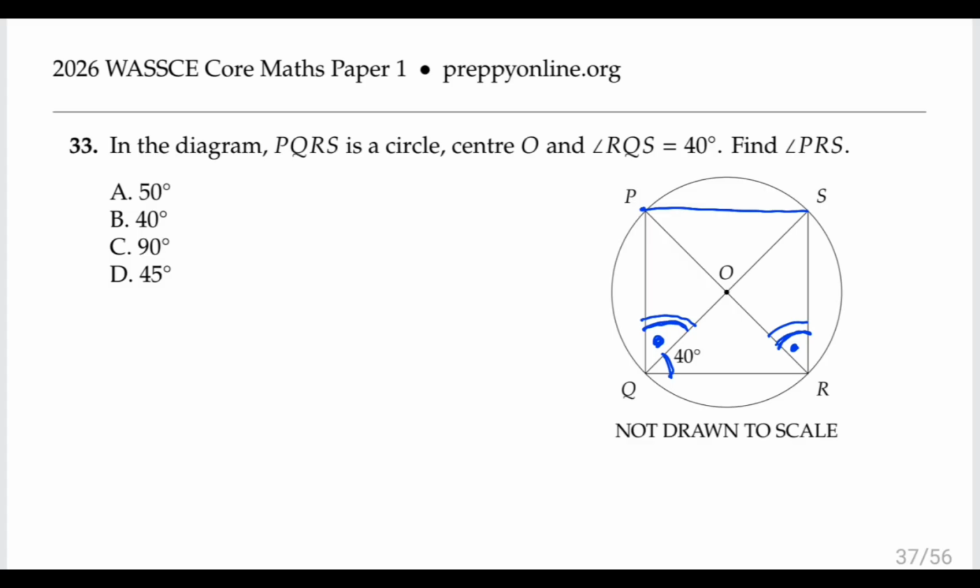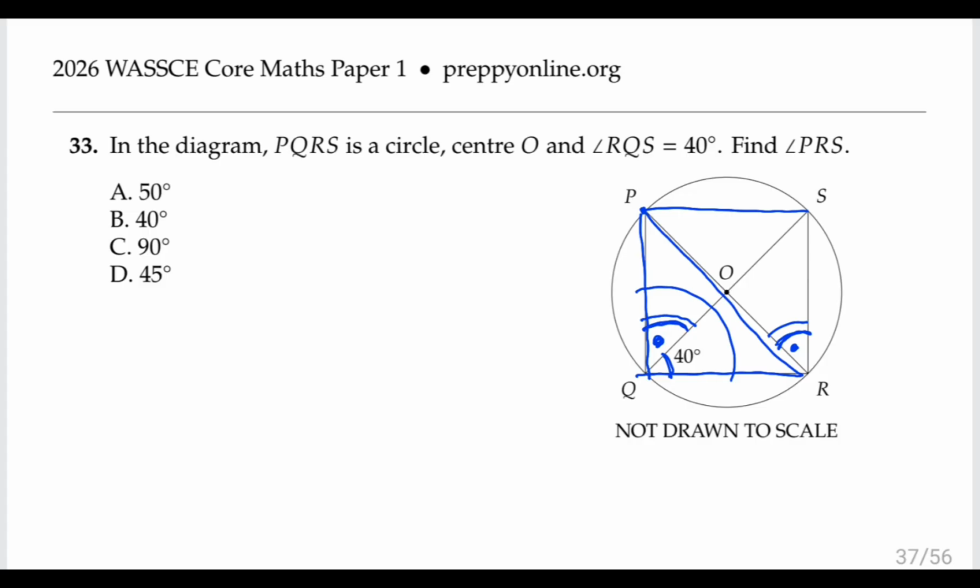If we observe that line PR is a diameter, then if we see that PQR, which is this angle, is the angle that the diameter is subtending at the circumference, then it must be a right angle. So angle PQR, that's this angle, is 90 degrees.